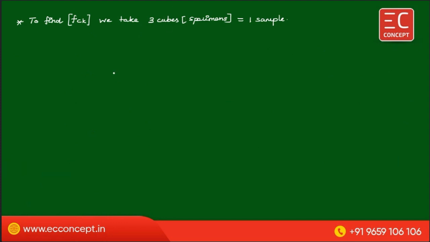So that means 1 sample is equal to cube 1 plus the next cube, 3 cubes: first cube, second cube, and third cube, and these are X, Y, and Z. So for a sample we will take 3 cubes in order to find out FCK.